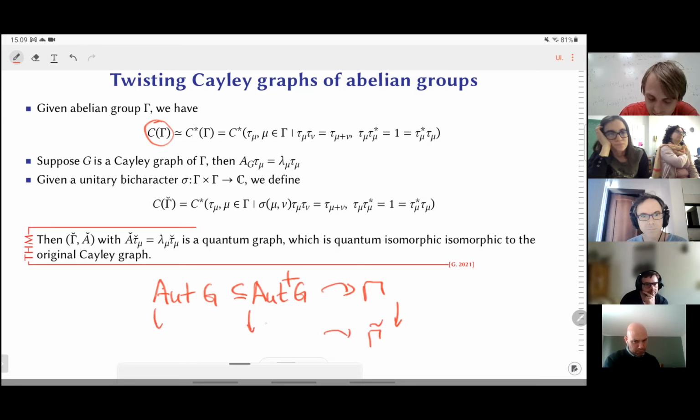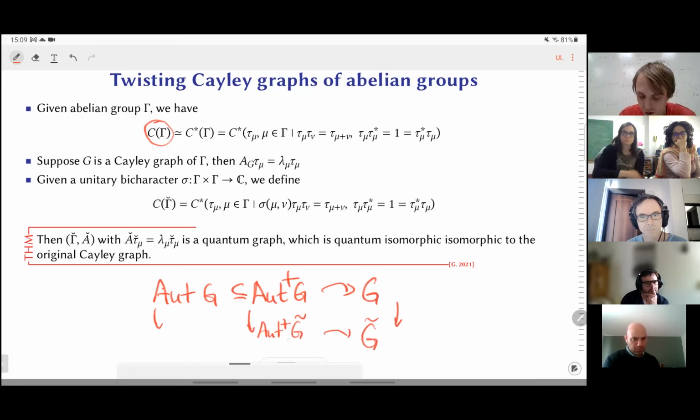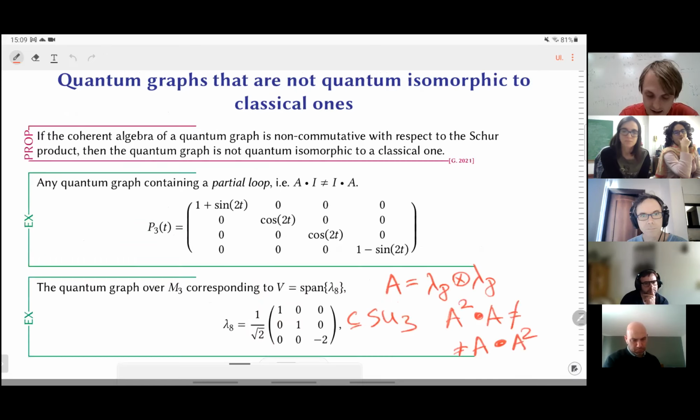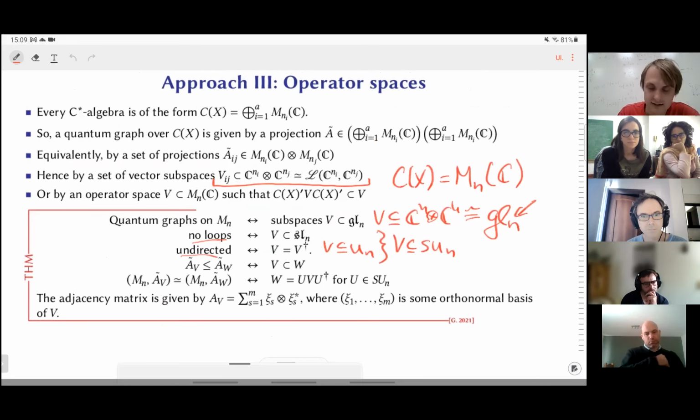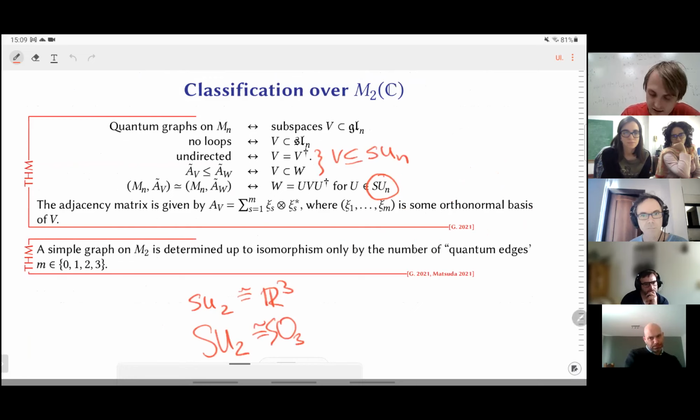Maybe here should be G, right? For the graph. So we know how the quantum automorphism group looks like, because it's just the two-cocycle twist of the Hopf algebra or the quantum group. And as for those examples I had here, in this classification, it turns out that I have just 4 graphs here, right?